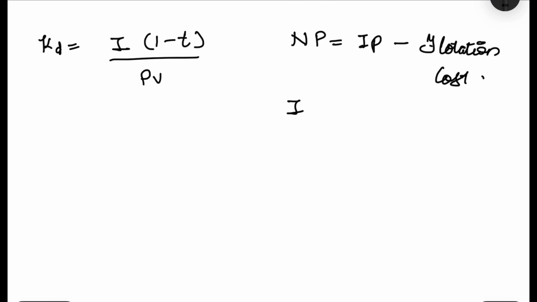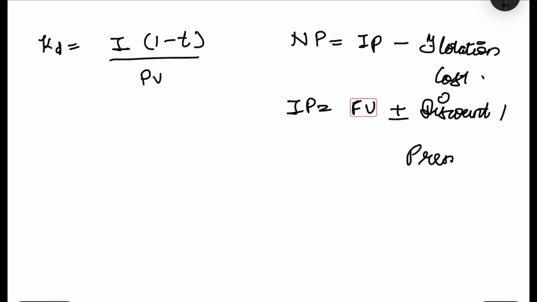And the issue price is the face value adjusted with the discount or premium as the case may be. If you issue at a premium, the price will increase, it will be added, and if you issue at a discount, the price will decrease, it will be subtracted.